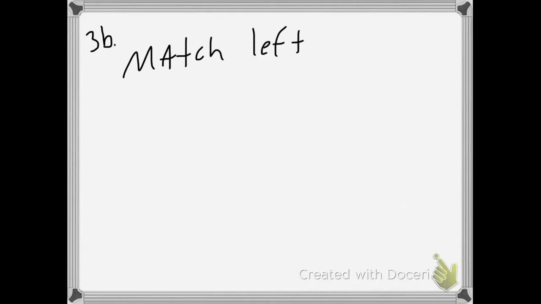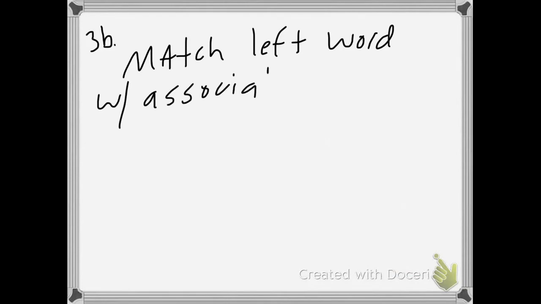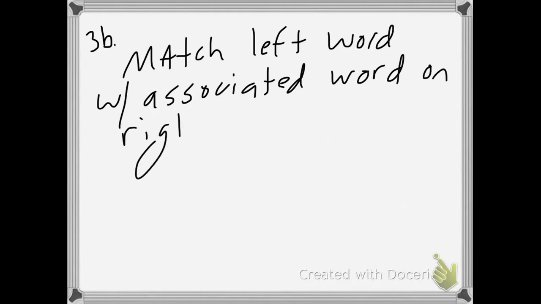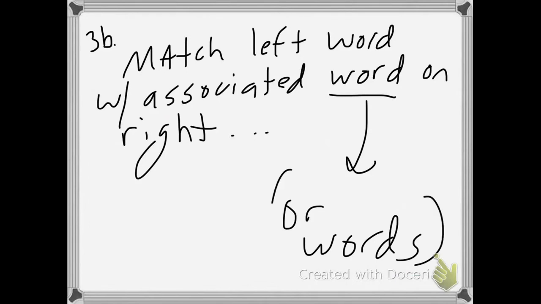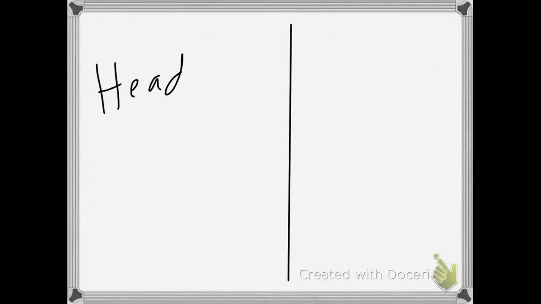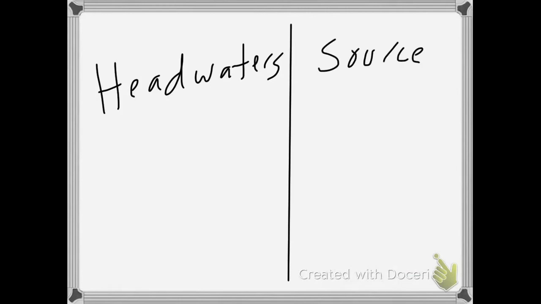So your job now is to match the word, which is on the left, with its associated word or words on the right-hand side column. And I even wrote or words, so it's probably going to be more of or words. So here we go. The word on the left is headwaters, and you're to match that word with its appropriate partner on the right. So the first choice is source.